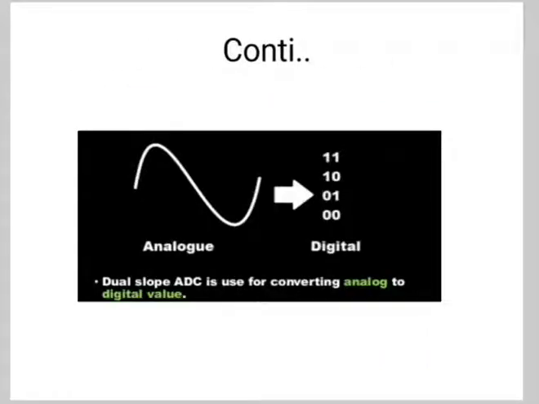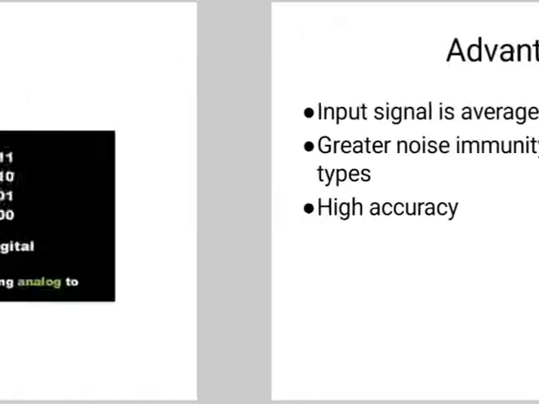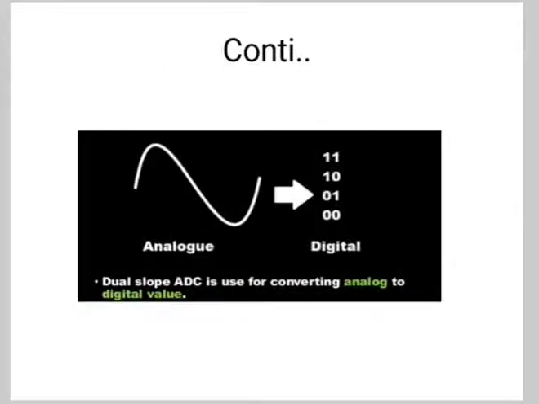So this diagram shows the dual slope ADC. It is used for converting analog to digital values. Here the digital values are 1 1 1 0 0 1 or 0 0, and the input is in analog form. When the comparator output is low, the integrator is allowed to charge the capacitor in a linear fashion.